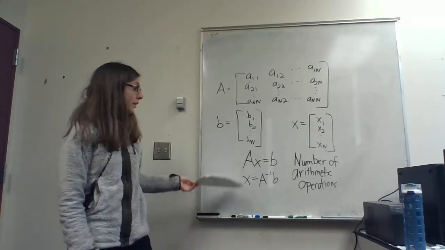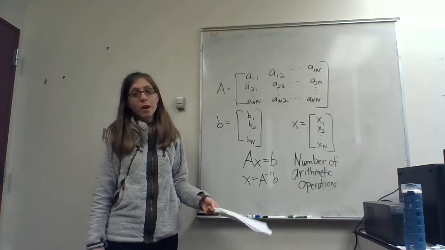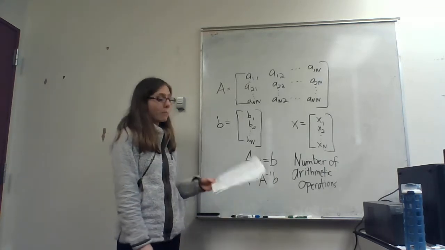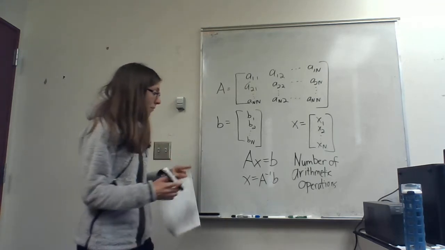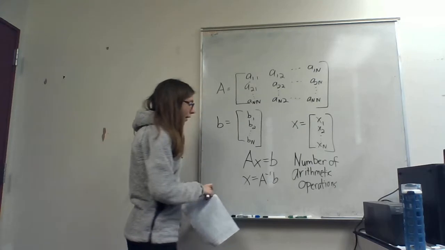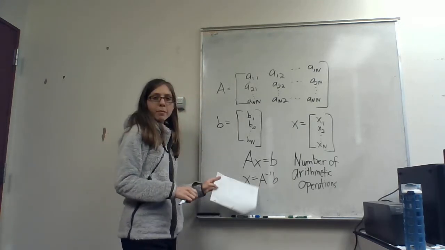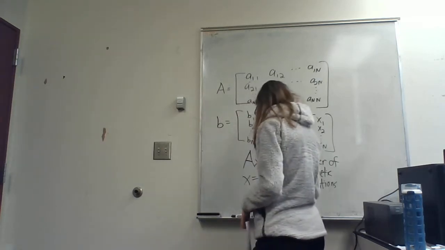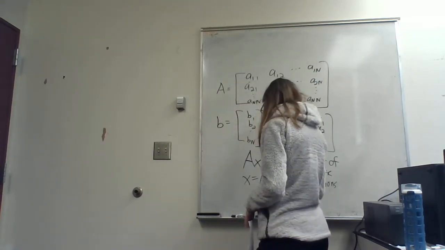It turns out that computing A inverse and then multiplying by B is not as efficient as some alternatives in terms of the number of arithmetic operations. Someone calculated that for this method it is proportional to n to the 4th.